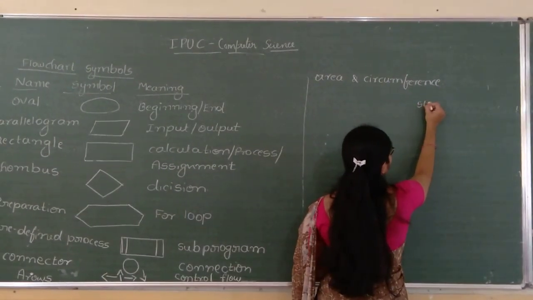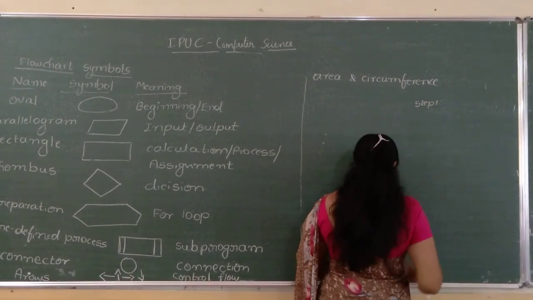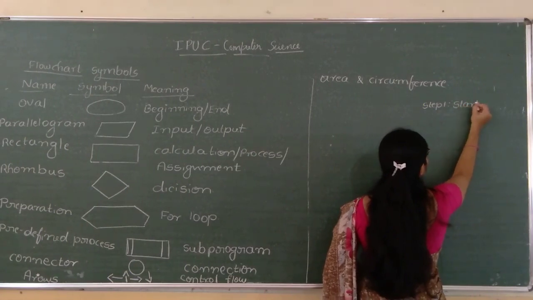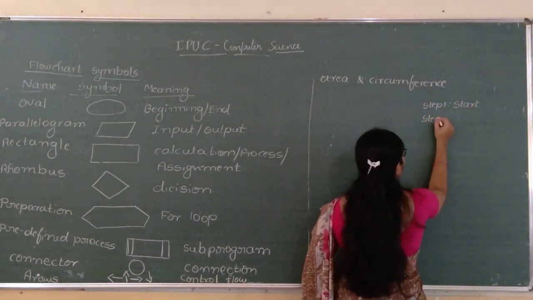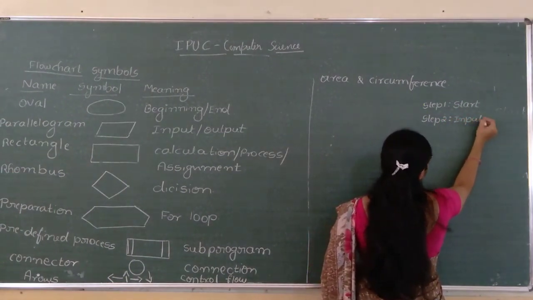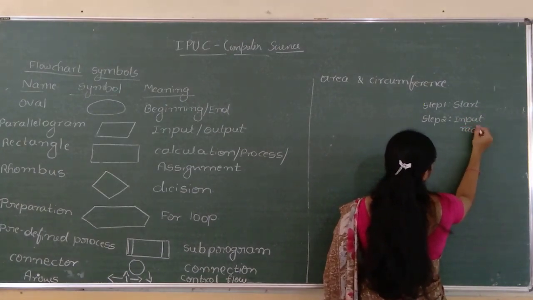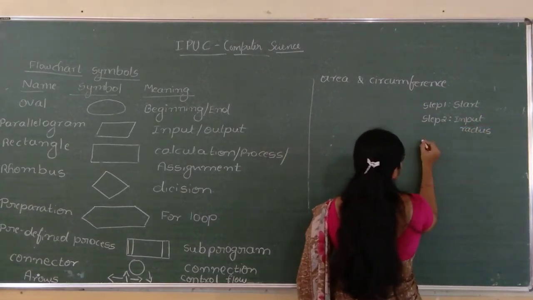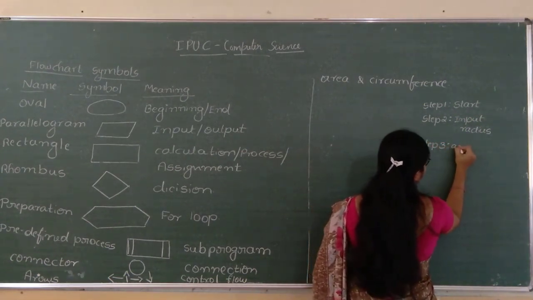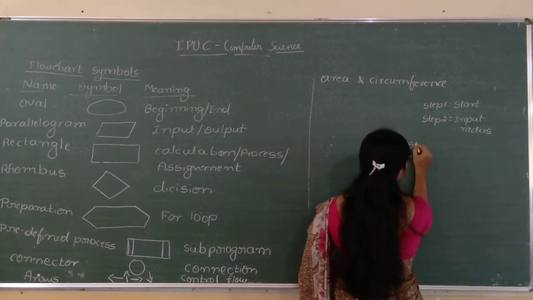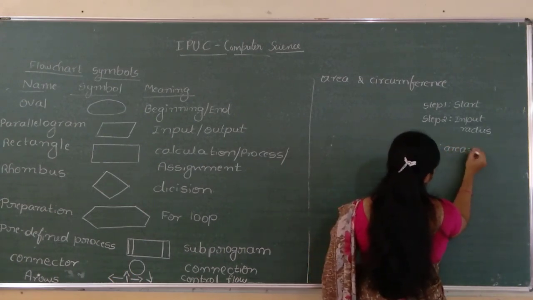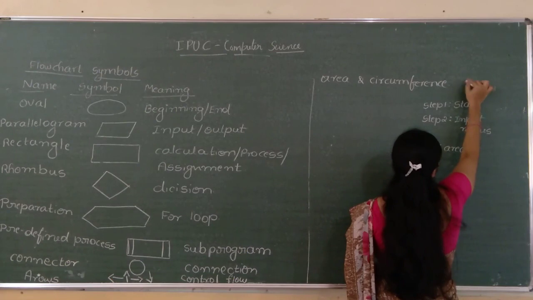So step 1 is start, step 2 input radius, next step 3 area is equal to pi r square.